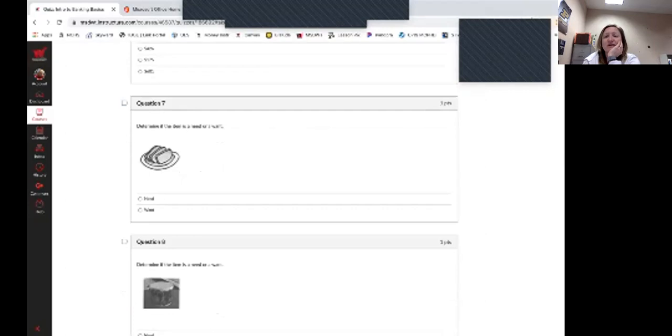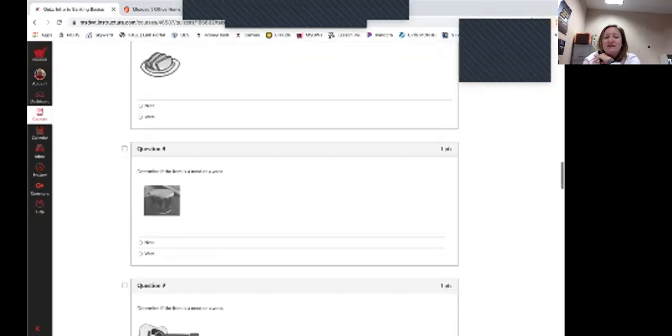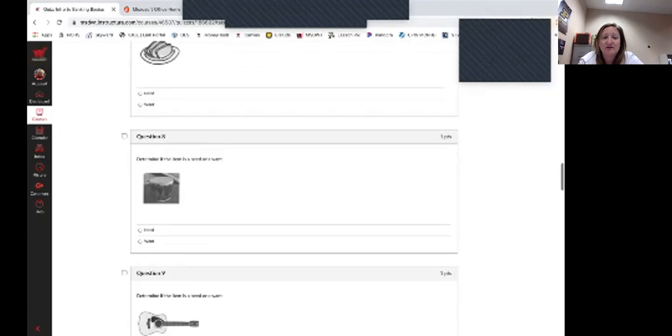Is food a need or a want? Something we have to have, or something that we just think is fun to have? Now this next picture, it's hard to see, but this is a drum that you bang on, a bongo drum. Is this a need or a want? A need is something we have to have, and a want is something we would like to have.